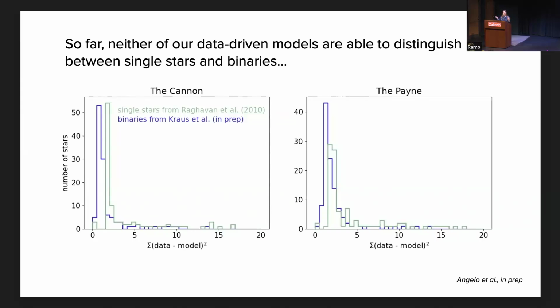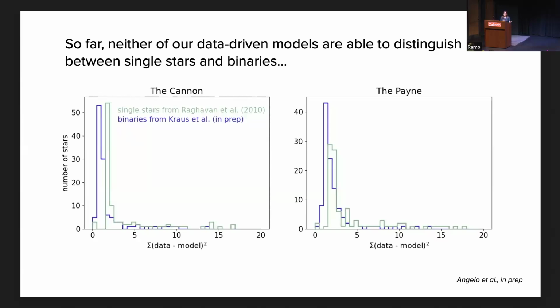Essentially, I fit my data-driven model to all the single stars and all the binaries, and I expected the single star model to do worse with the binaries, because there are deviations from the secondary star that the single star model's not accounting for. So what you'd expect to see in these graphs is that the green histogram should be shifted to the right compared to the blue histograms.